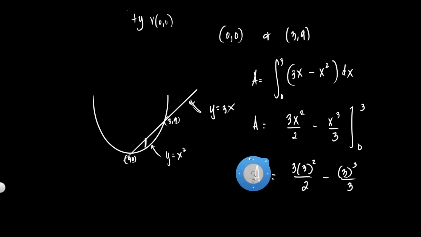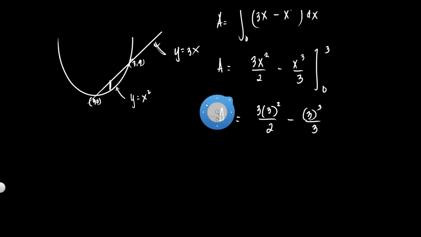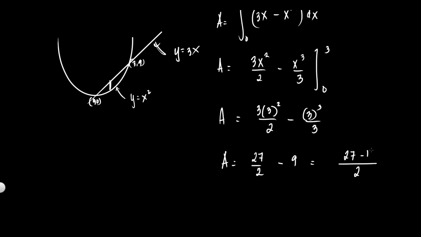So, we have area equals 9 times 3, 27 over 2, minus 27 over 3, which is 9, no? So, 27 over 2 minus 9, or 27 minus 18, the area is equal to 9 over 2 square units.